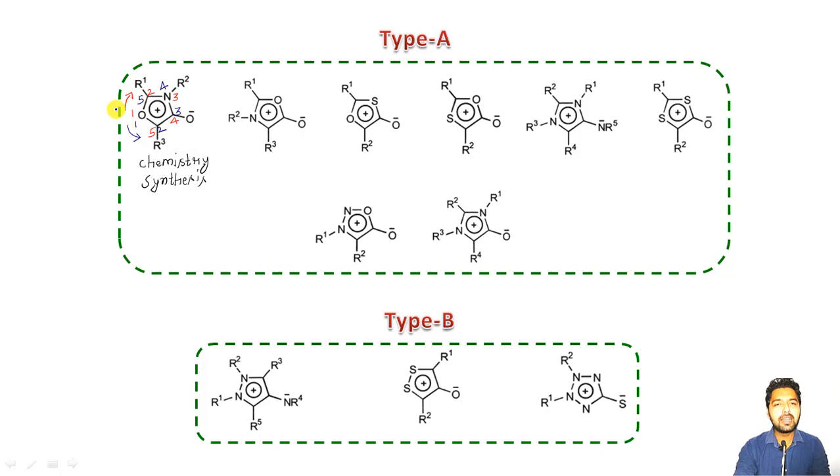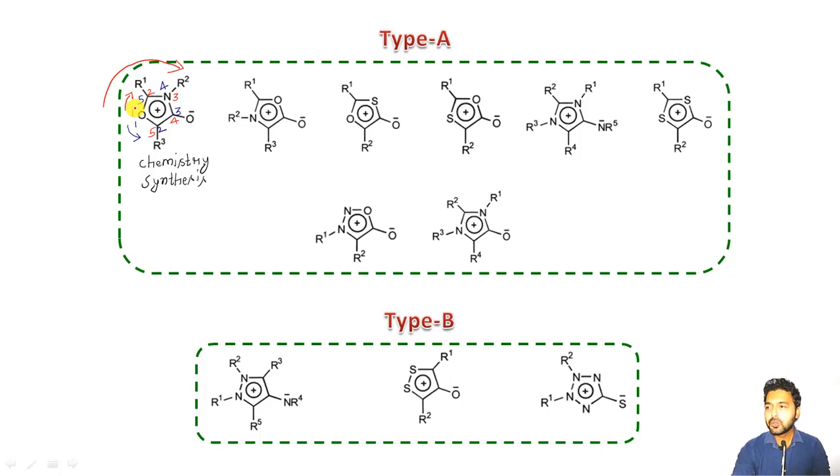So definitely we have to consider the numbering in the first direction, because in doing so the nitrogen atom gets the lower number, that is 3 instead of 4.